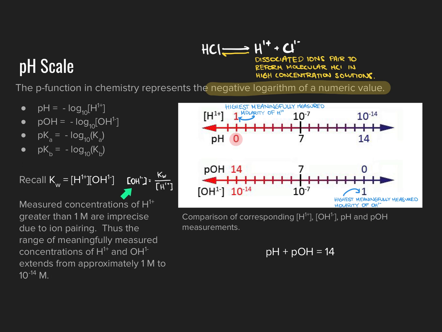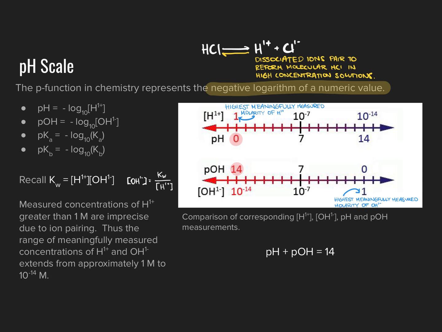Because the product of hydrogen ion concentration times the hydroxide concentration always yields the value of Kw, that is 1.0 times 10 to the negative 14th. In a 1 molar hydrogen ion solution, we would therefore expect to see a hydroxide concentration of 10 to the negative 14th molar. And then taking the negative log of that value to find the pOH, we would find a corresponding pOH of 14 in that solution.